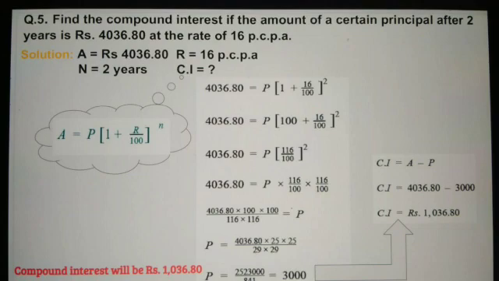You are going to divide it and you are going to get the principal as 3,000. So your principal is rupees 3,000.